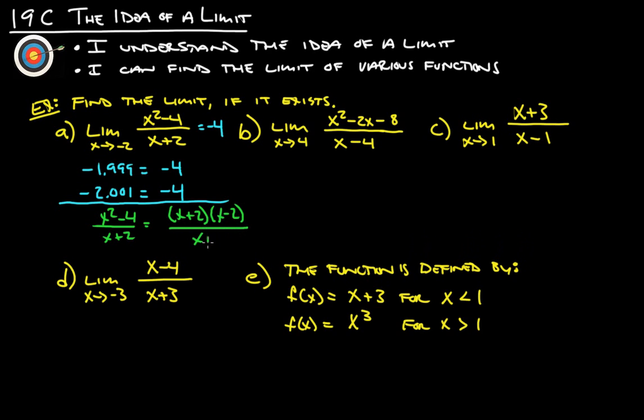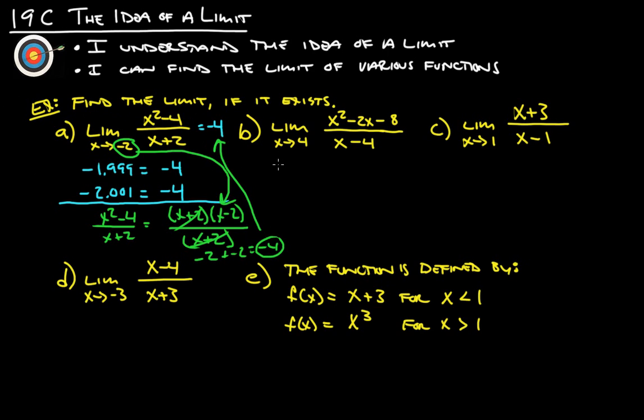You take that over x plus 2, and you'll notice that these x plus 2's cancel out. Then if you plug the -2 value in for x, you get -2 plus -2, which gives us -4, which is our limit right there. So that's another way you can do it.